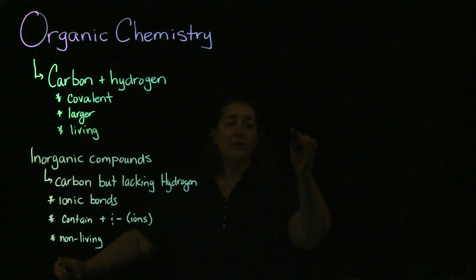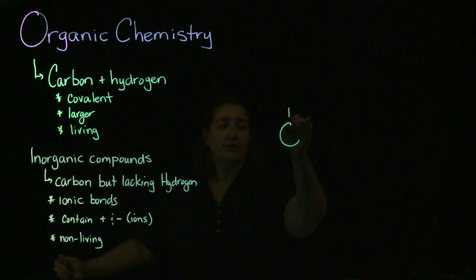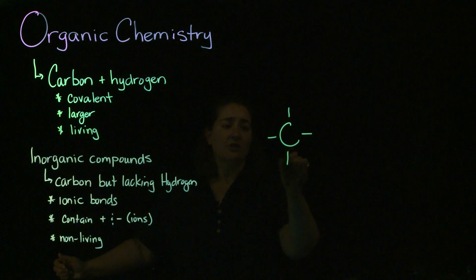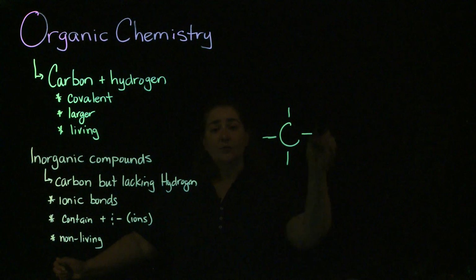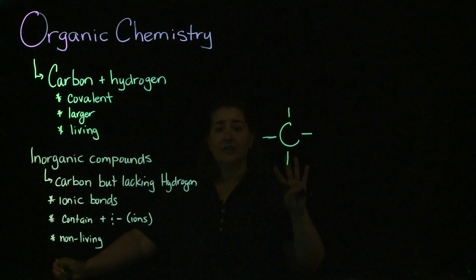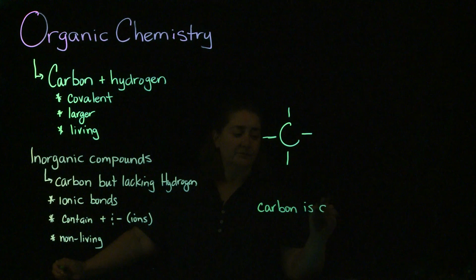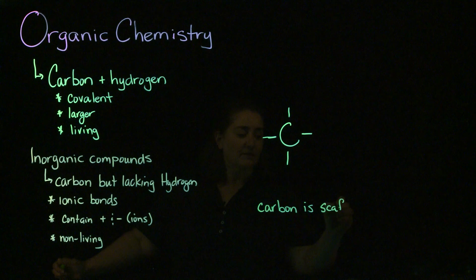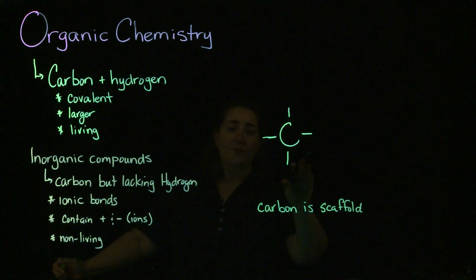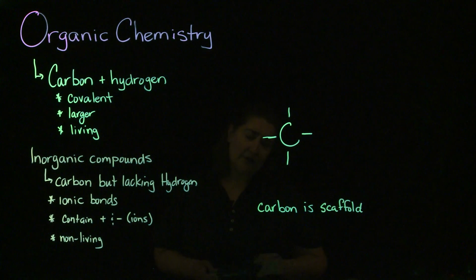When I talked last week about carbon, and I drew those electron shells, in the outermost electron shell, carbon had 4 free available spots to accept electrons. Okay, carbon is really our scaffold, or our building block, for what we're going to talk about next.